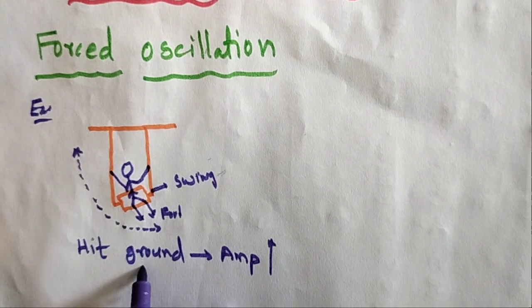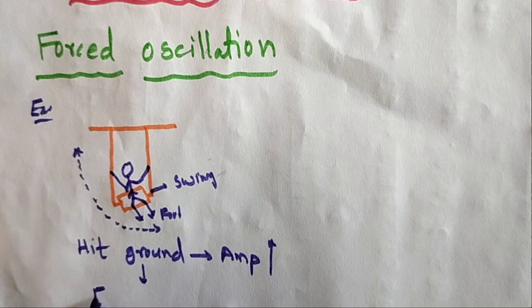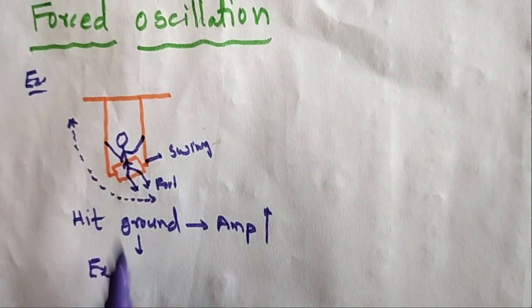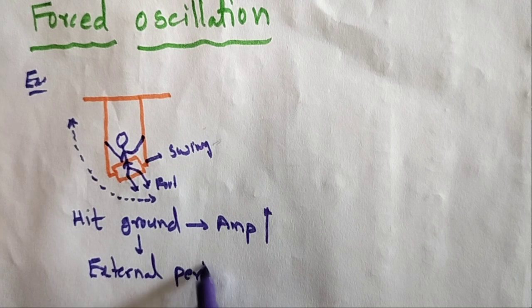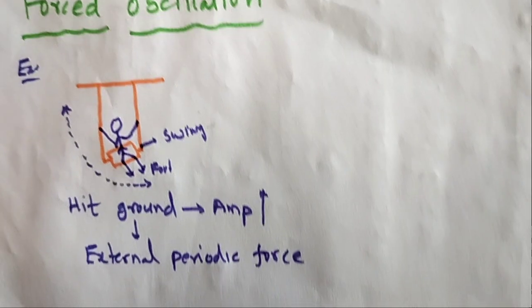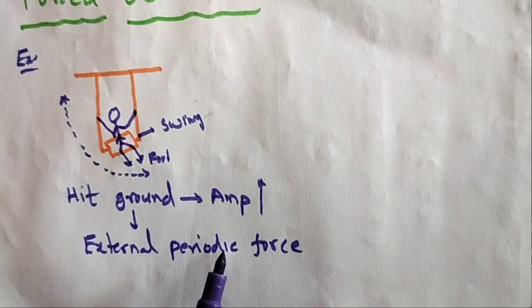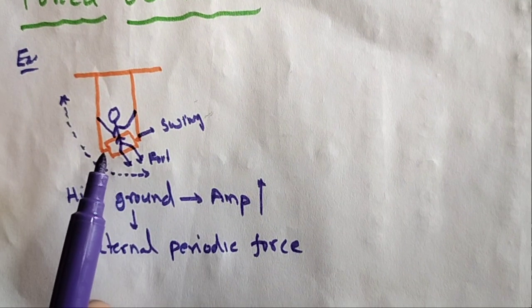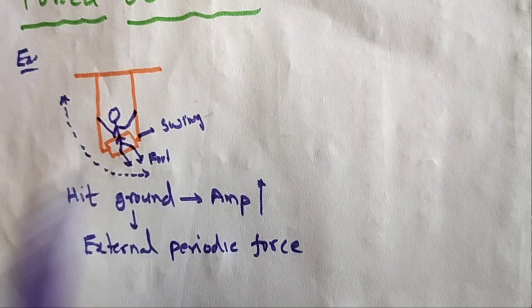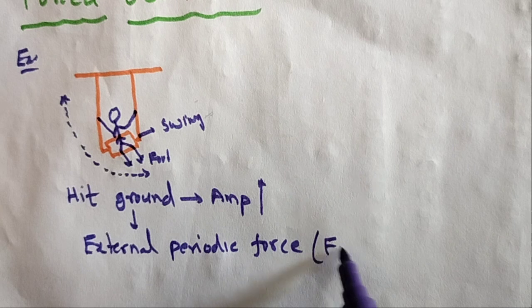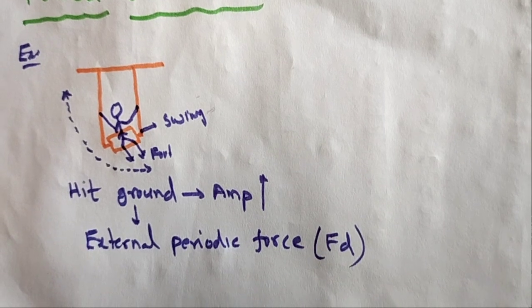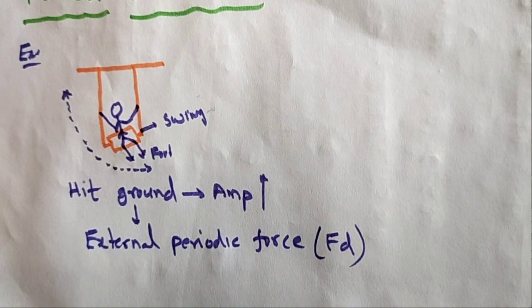This hit to the ground means an external periodic force is applied. Due to the external periodic force, the body will oscillate very easily. That is FD. Due to the external periodic force, the object will be oscillating.